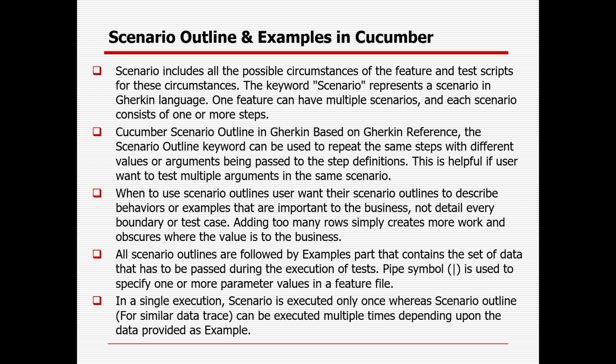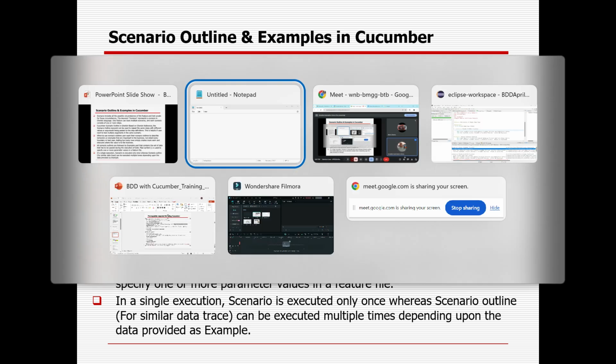One feature can have multiple scenarios and each scenario consists of one or more steps. The scenario outline keyword can be used to repeat the same step with different values or arguments being passed to the step. This will help if the user wants to test multiple arguments in the same scenario. So this is sometimes called data driven testing.